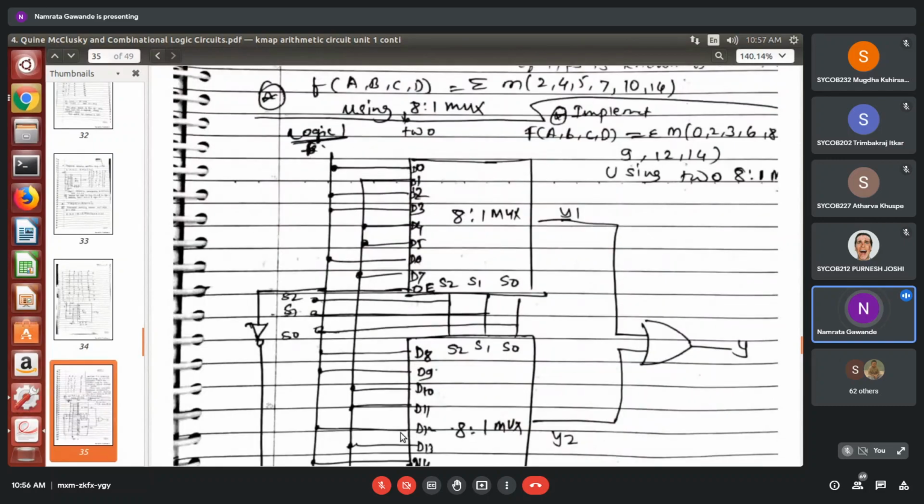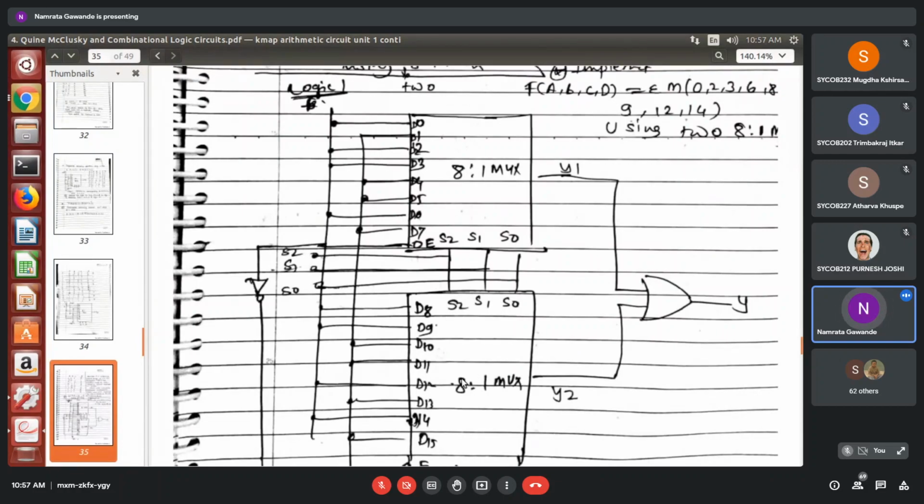Okay. After that, here you can see the most important part, that is how these two multiplexer ICs will work in parallel, as we are doing the cascading. Cascading means we are providing the connections, combining all the data inputs.